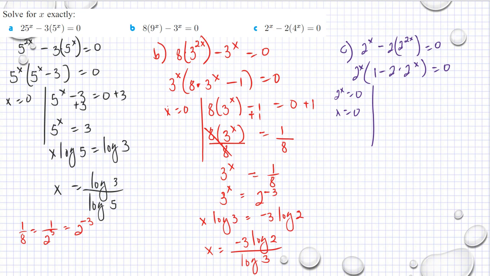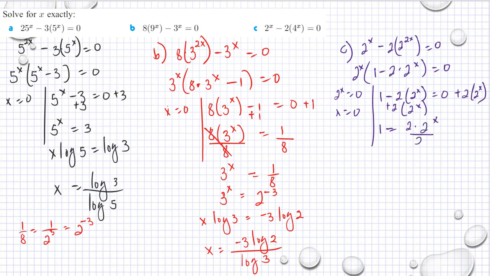And we have 1 minus 2 times 2 raised to x is equal to 0. If we add 2 times 2 raised to x to both sides of the equation, then we have 1 is equal to 2 times 2 raised to x.